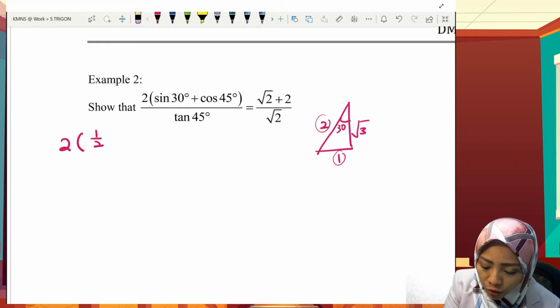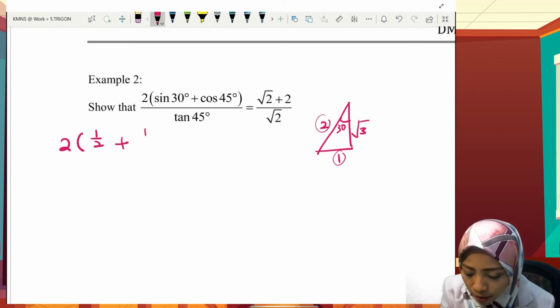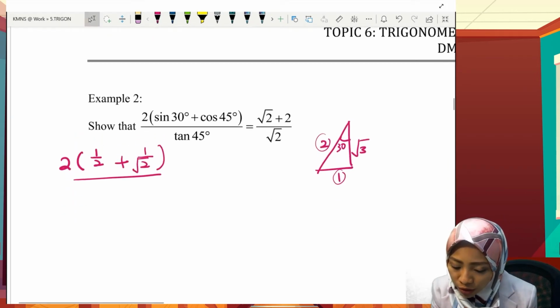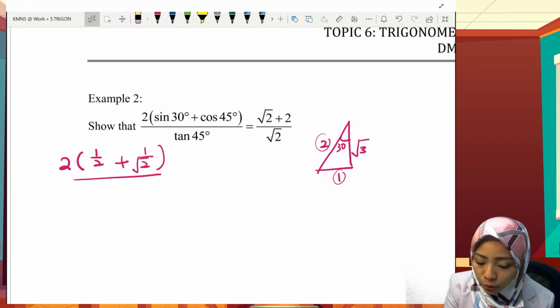Okay, plus cos 45. Cos 45 is 1 over root 2, over tan 45. Tan 45 is 1 over 1, so we don't need to write over 1.